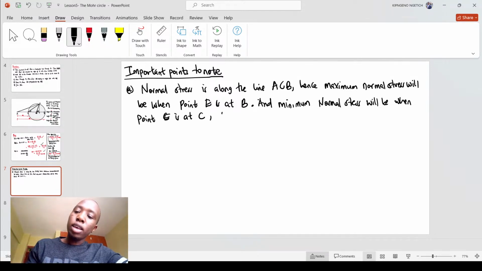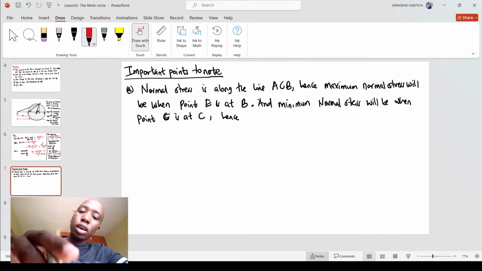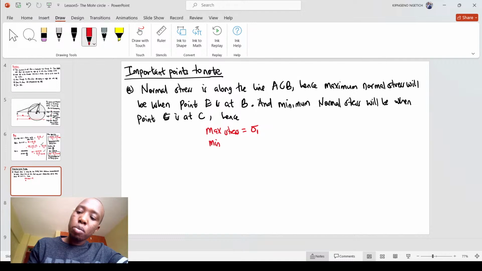So you can say, hence, maximum stress is stress 1, minimum stress is stress 2.